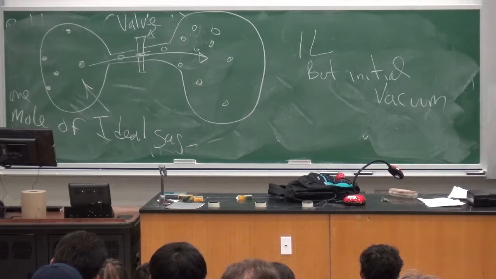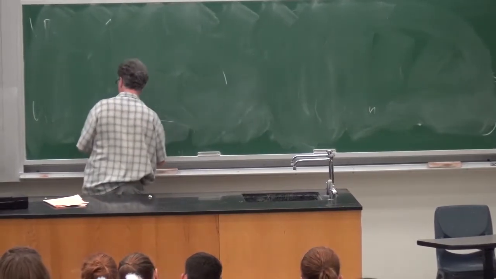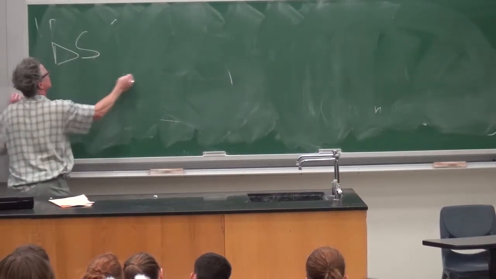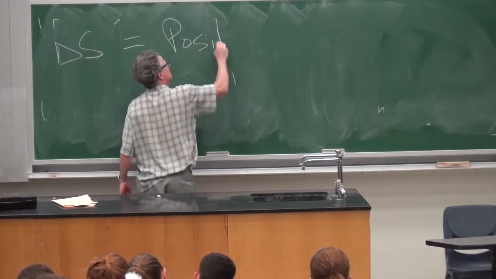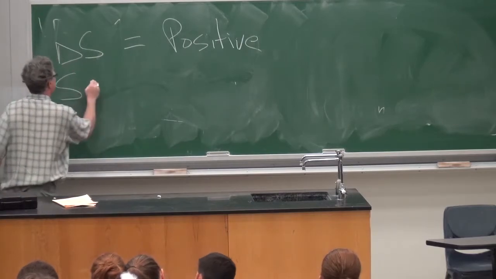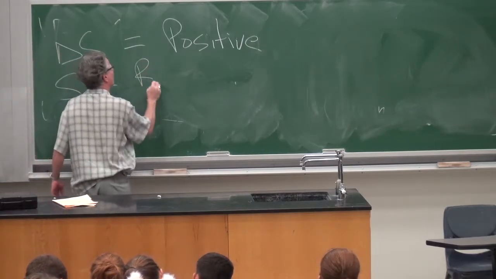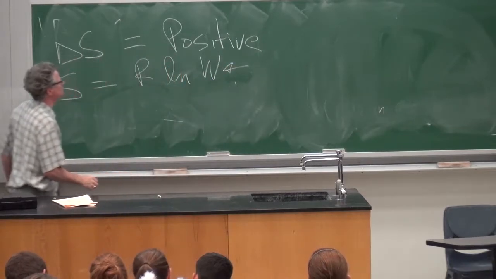So we would call that the delta S for that process. Has to be positive. Because again, S is R log W, well, that's the ways to arrange it.